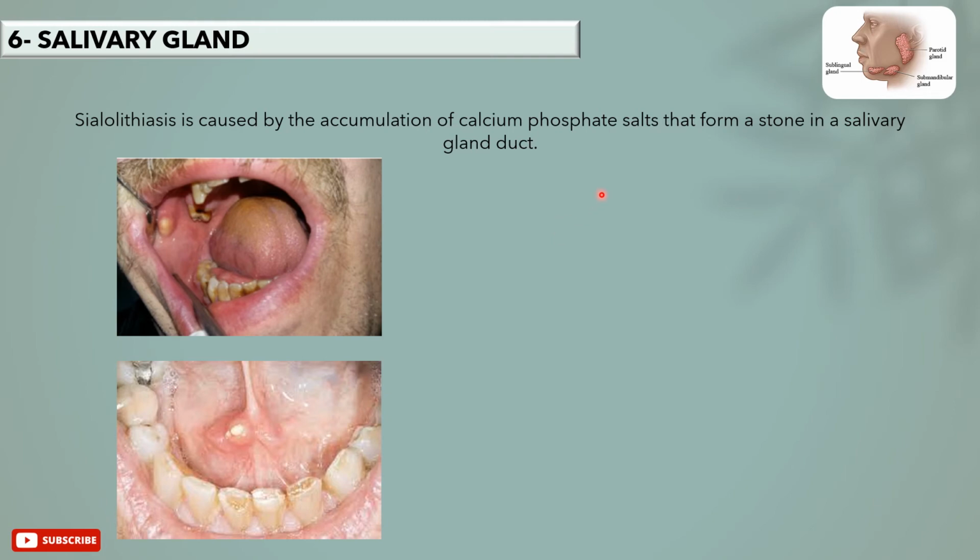This phenomenon is most common in the submandibular duct, leading to swelling of the gland, hence mimicking the infection of a posterior mandibular tooth. It can be reproduced when a patient sucks a lemon to stimulate salivation.